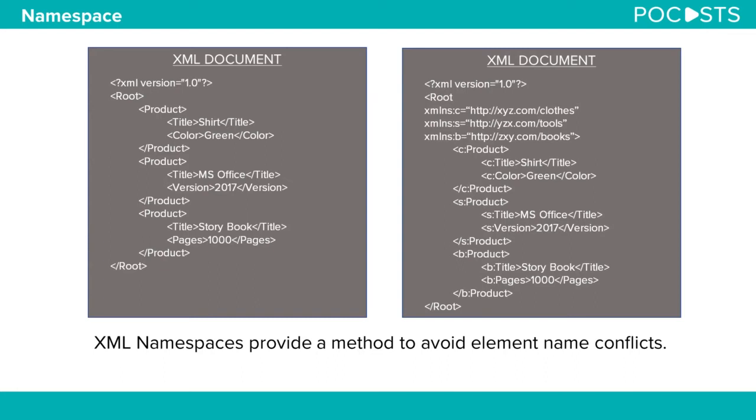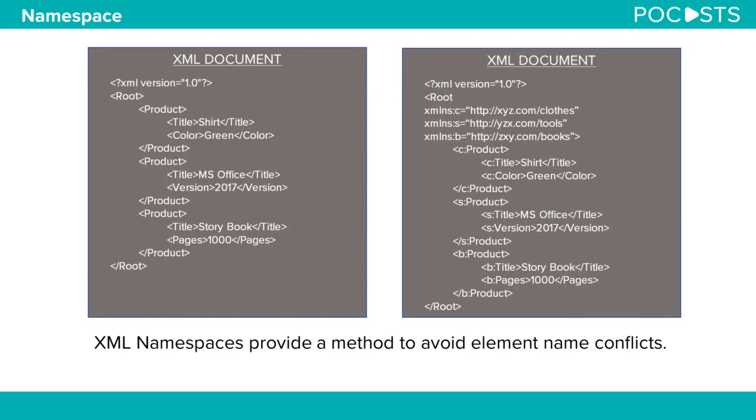I have defined three different URLs here because I have three different categories. With xmlns colon c, the c represents clothes, and with xmlns colon s, I'm representing software or tools. The b, the next one, I'm representing with books.